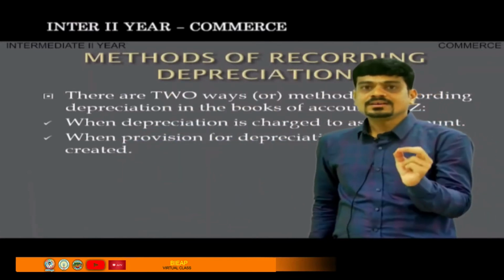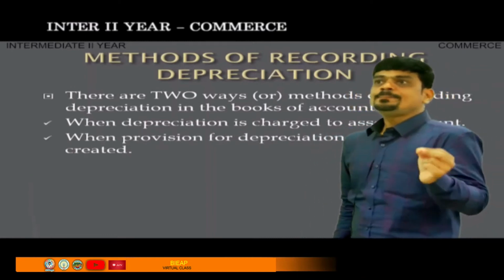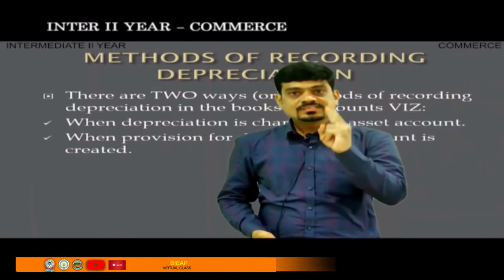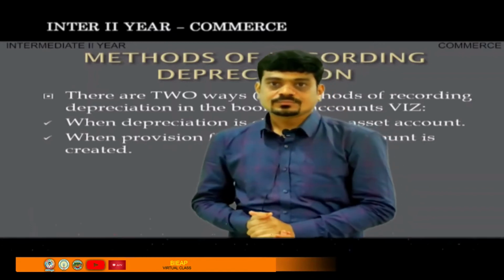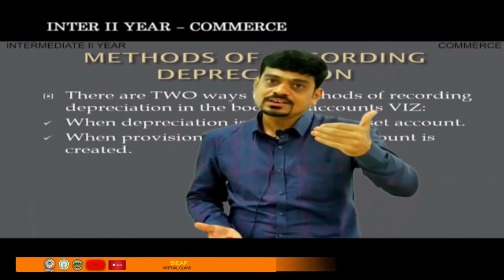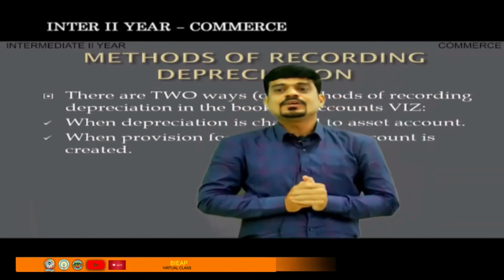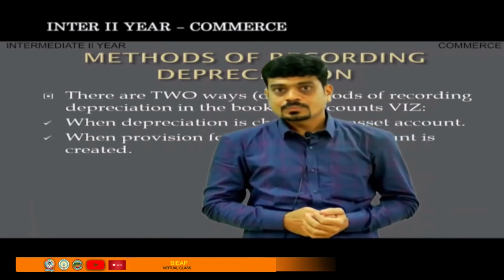The first method is where depreciation is directly charged to the asset. In the second, we create one provision. Rather than charging depreciation directly to the asset, we create one more account called the provision for depreciation account.